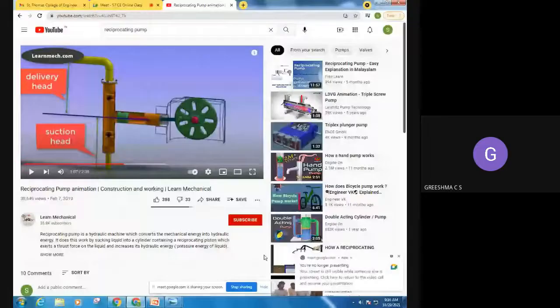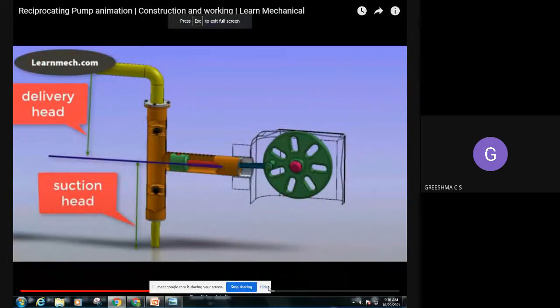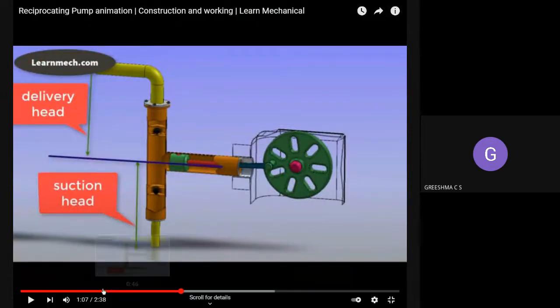This is a reciprocating pump, and this is the video of how it is working. You can see the working of the reciprocating pump. You can see the suction valve over here, and this is a delivery pipe.